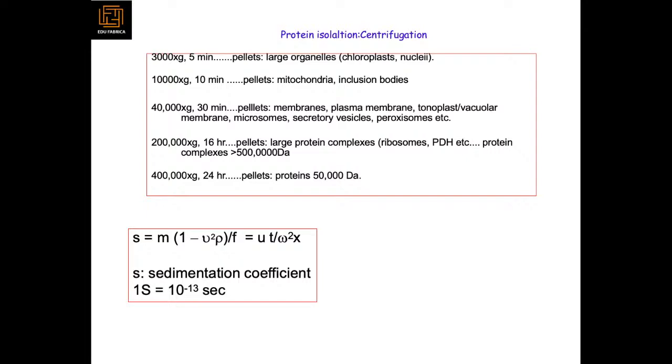And at 200,000 G for 16 hours, you can separate large protein complexes like ribosome and even more than 500,000 complexes. At 400,000 G for 24 hours, you can separate protein of around 50,000 Dalton size.